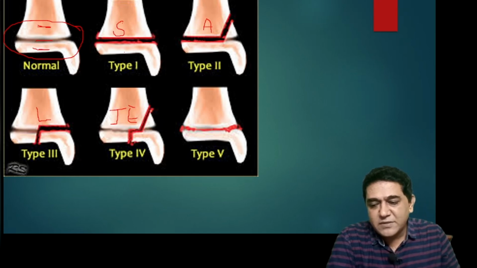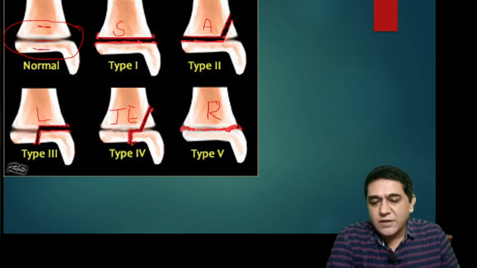Through everything means the metaphysis, the physis, and the epiphysis. And the fifth and the last and the most severe type is the type 5 classification, which is also termed as the ramp lesion, where there is the crushing of the physis or the growth plate.